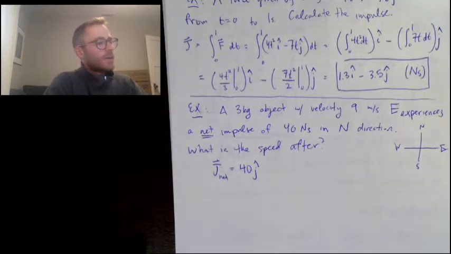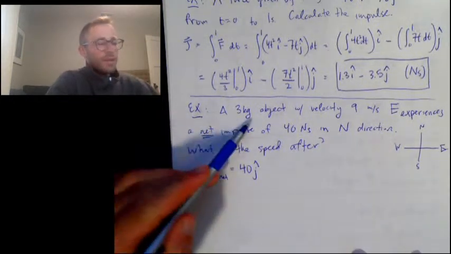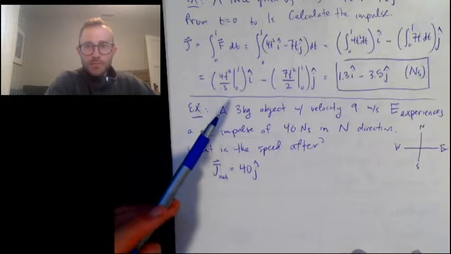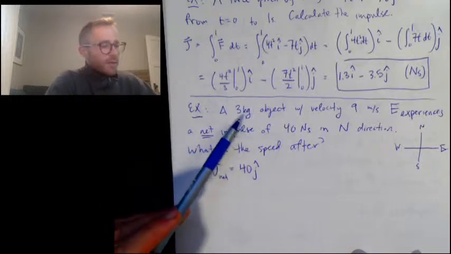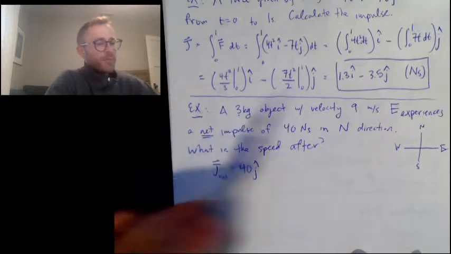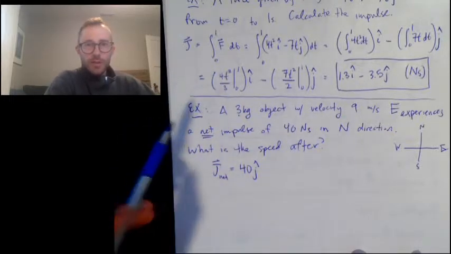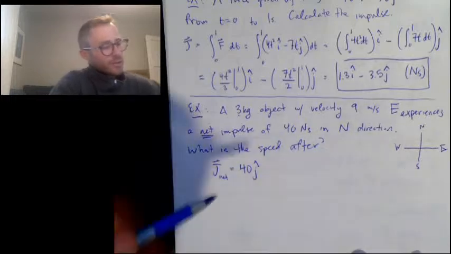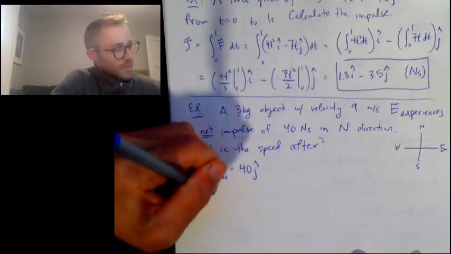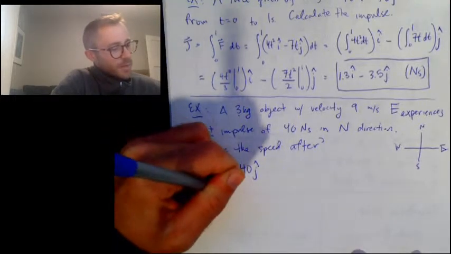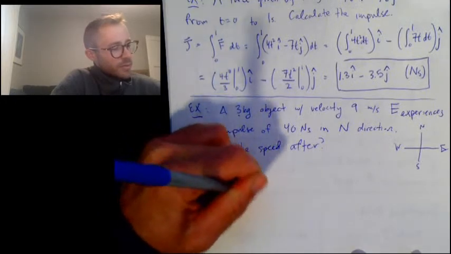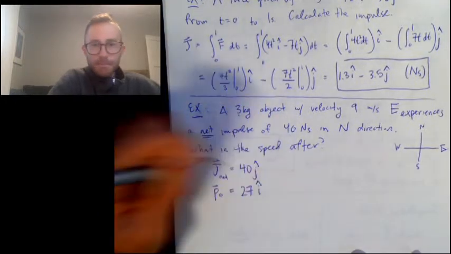For the initial momentum, momentum is m times v, so 3 times 9, that's 27 in the eastward direction, the i hat direction. So P initial is 27 i hat.